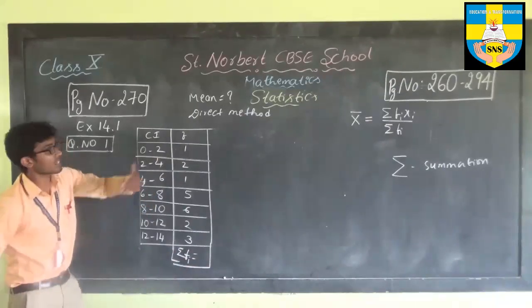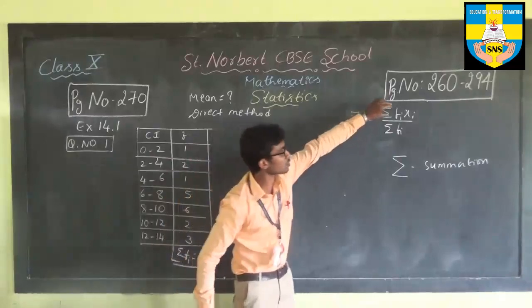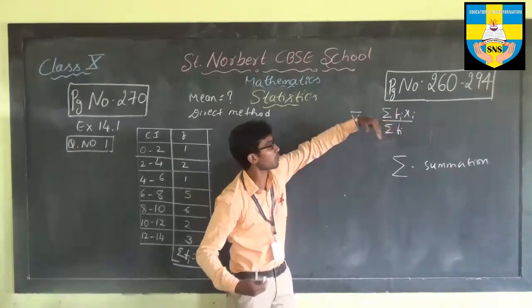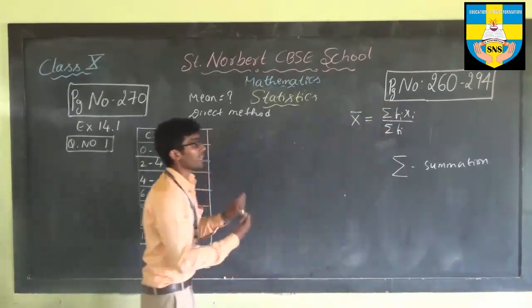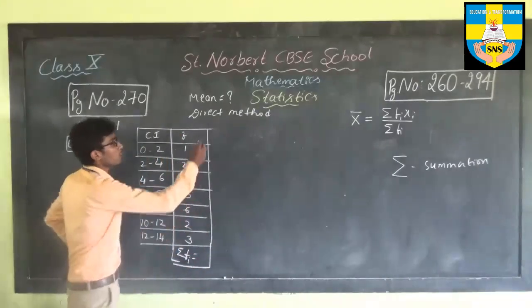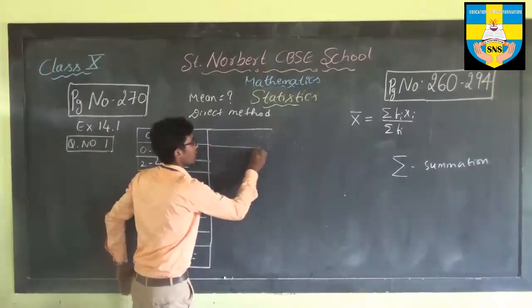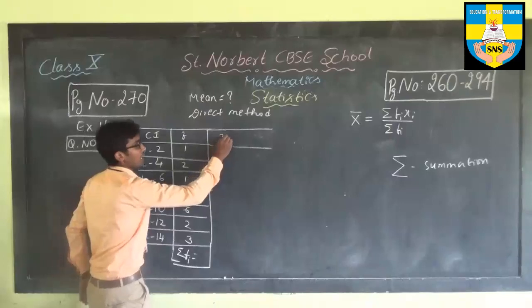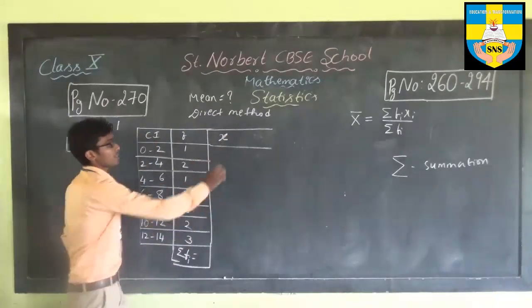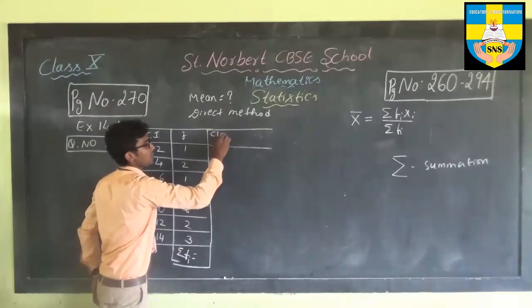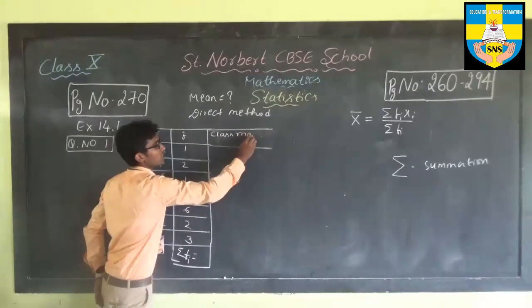Then how to calculate summation of fi xi? I need to substitute something in this place, right? To substitute fi xi, first I need to get f into x. To calculate f into x, as I said earlier, we want the class mark. I'm going to write that class mark here, but I'm not going to write this in every problem.